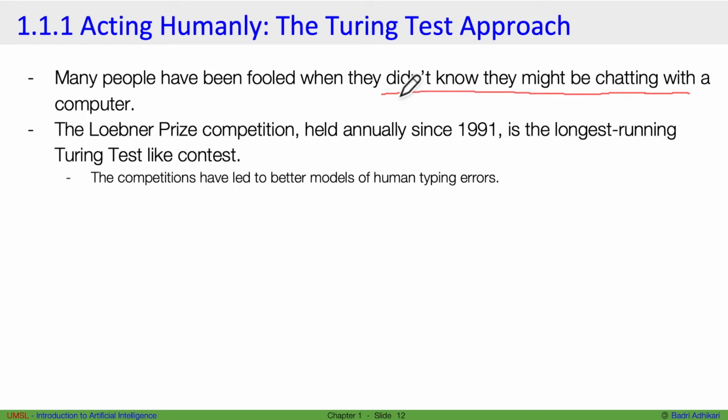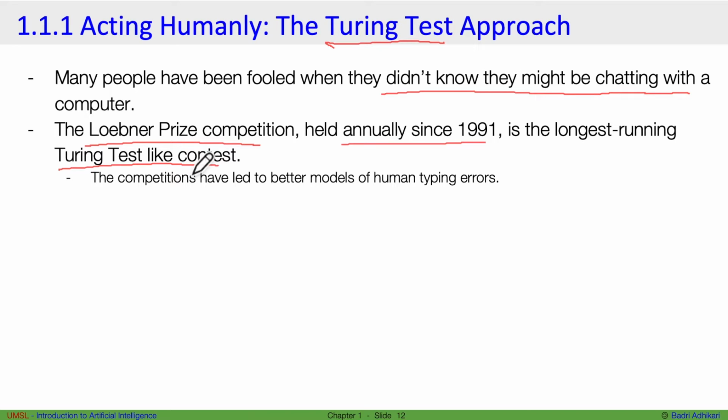And to keep track of how well AI is doing to pass the Turing test, the Loebner Prize competition is held annually, where the organizers set up Turing-like contests for participants to compete with each other.